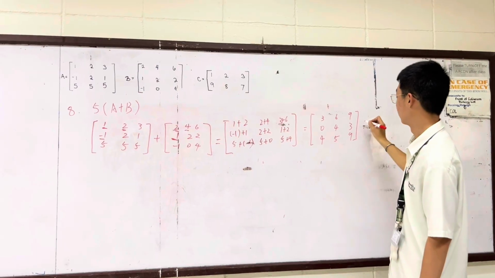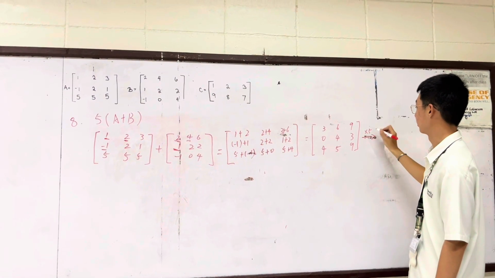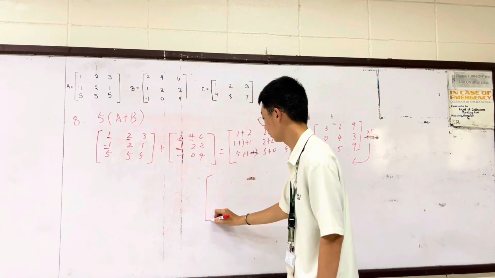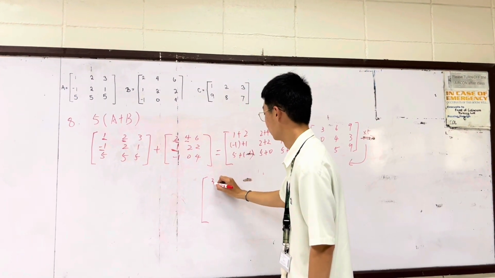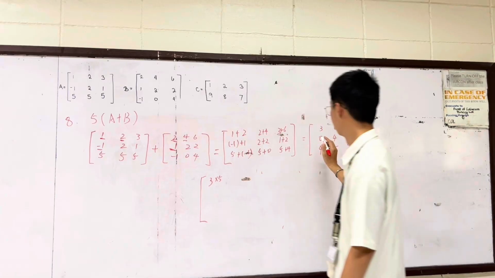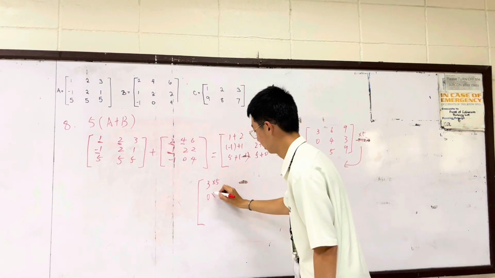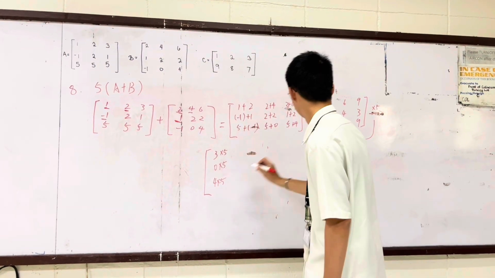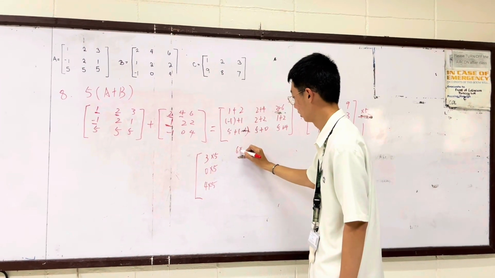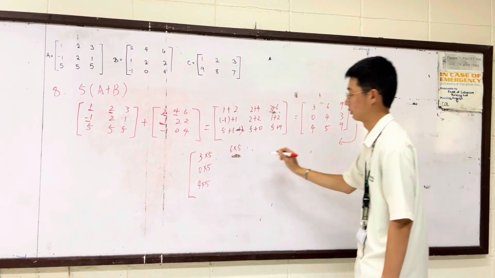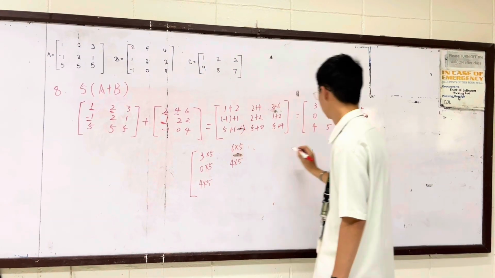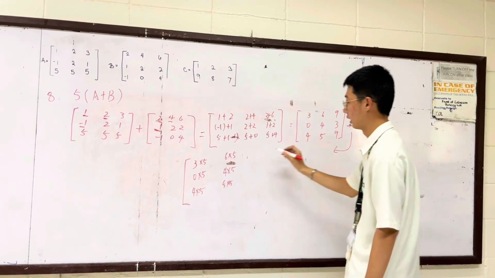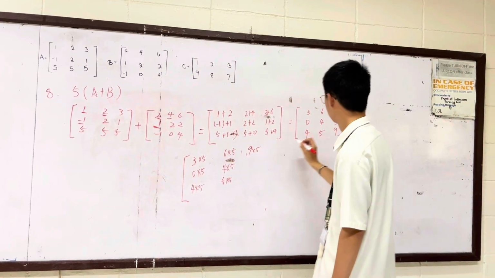And then we use this one to times 5. So we will get 3 times 5. Also 0 times 5. And 4 times 5. 6 times 5. And 4 times 1. 5 times 5. And 9 times 5. 3 times 5.